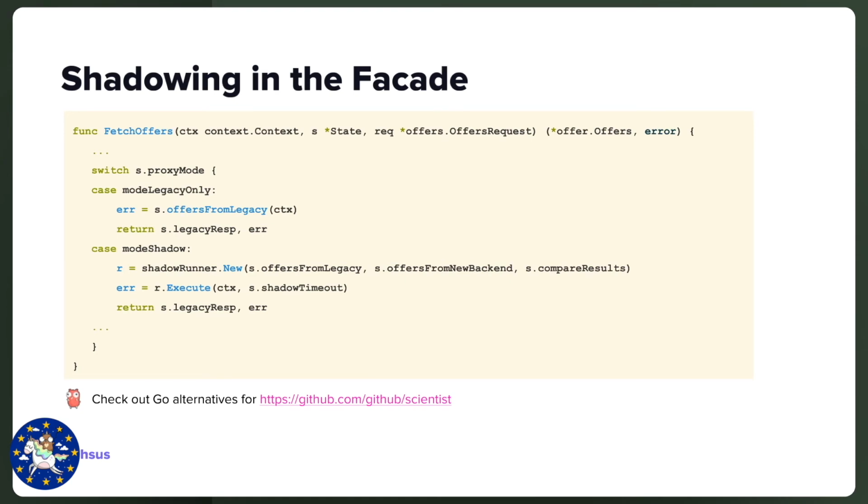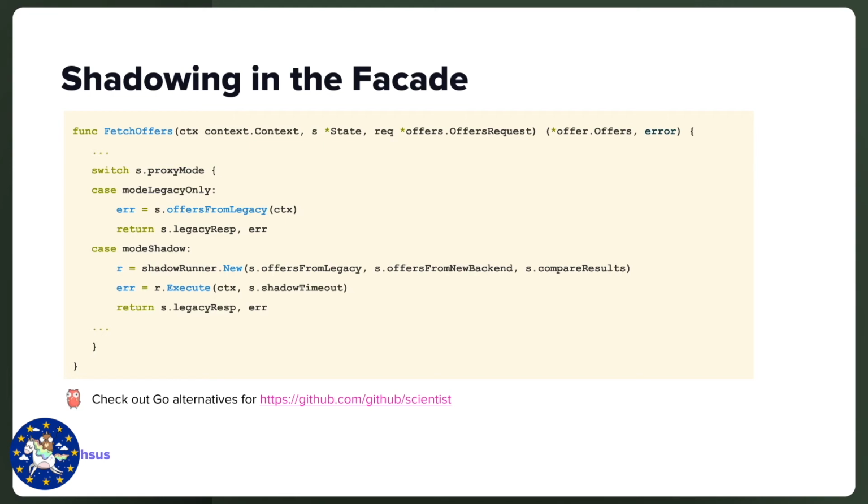And this is what the fetch offers method in the gateway or the facade will look like. So if you remember, offers are all the transportation options with all the real-time information. So when we want to fetch offers for our clients, we can look at the proxy mode variable.